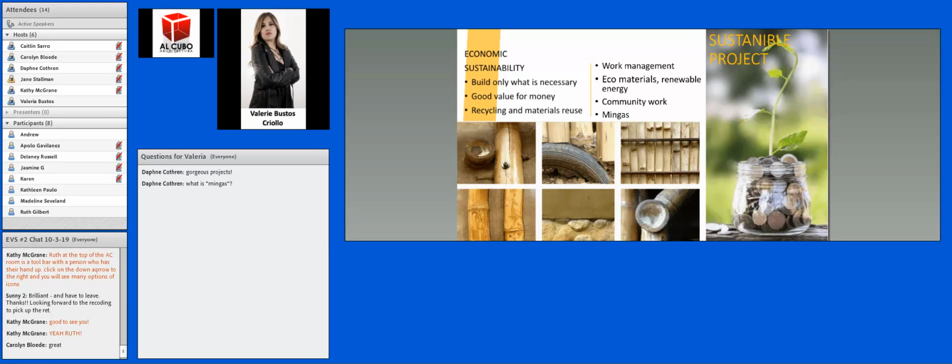About economic sustainability, we build only what is necessary, considering good value for money and doing some actions like recycling and reusing materials, work management, eco-materials, renewable energy, community work, mingas, etc. The cost for each square meter was $270, very low compared with the traditional ways to build.